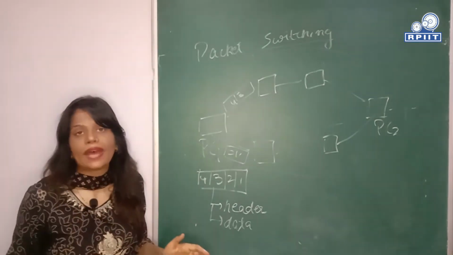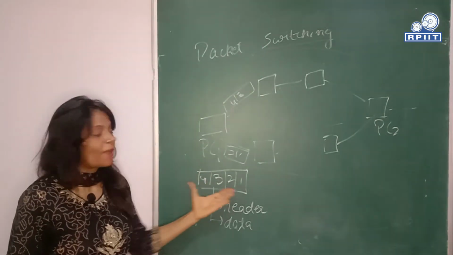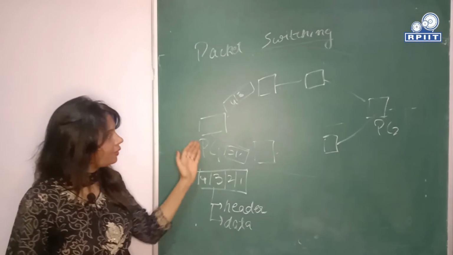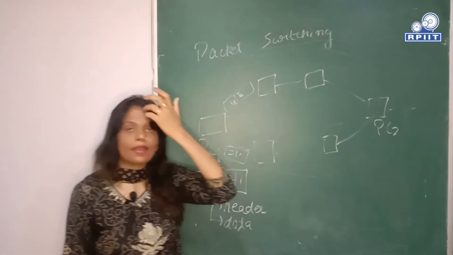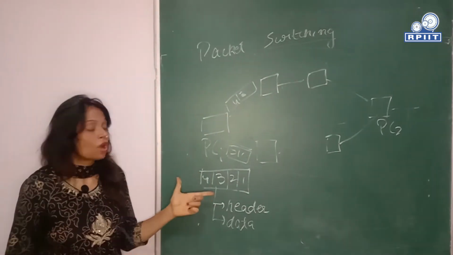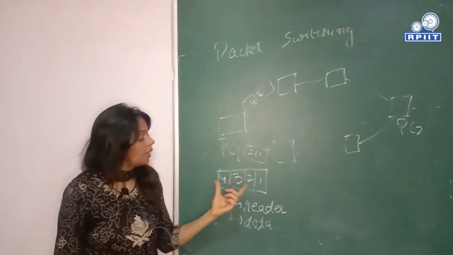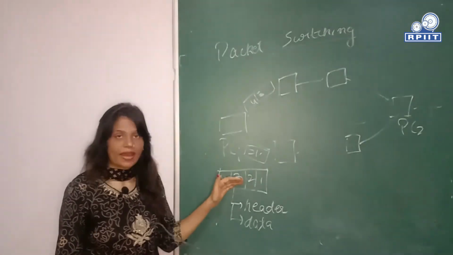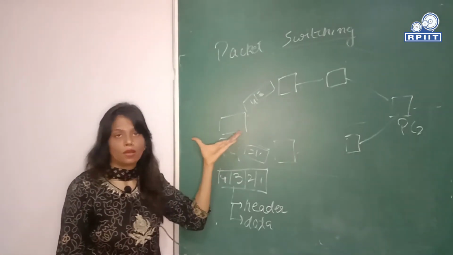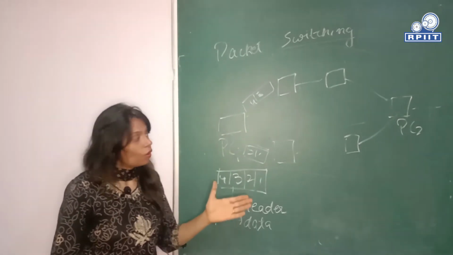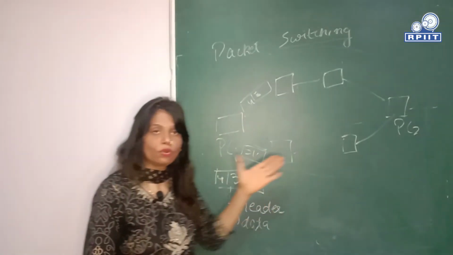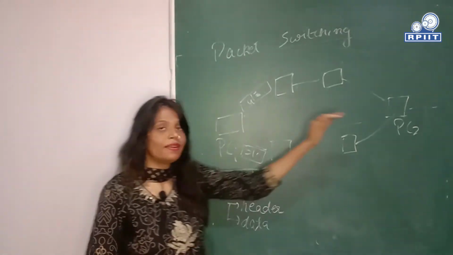We usually don't have any relationship between the packets that belong to the same message. So it can follow any of the routes, that hardly matters. But when we talk about the virtual circuit approach, the relationship between all the packets that belong to the same node is preserved. So they usually prefer to follow the same path to reach the destination.